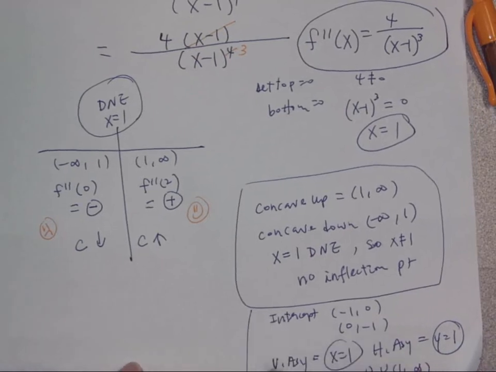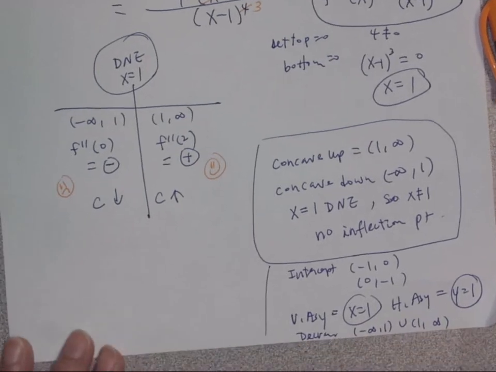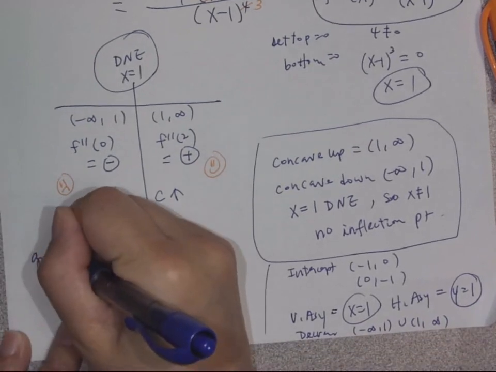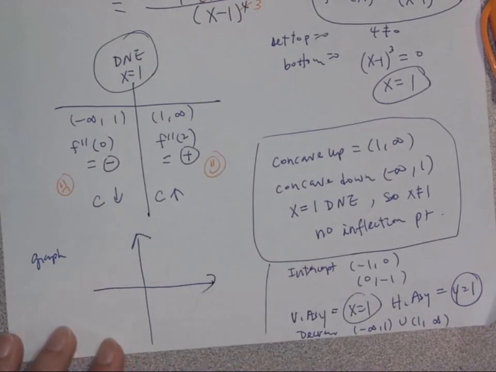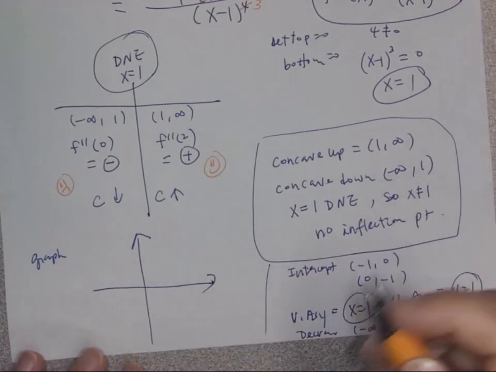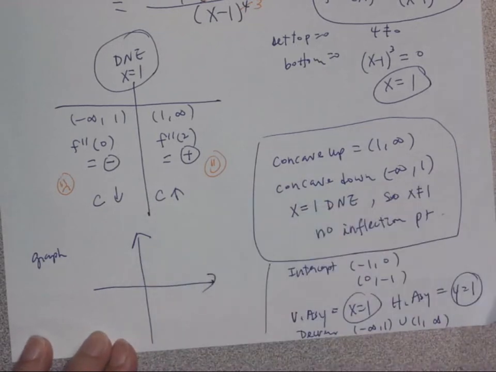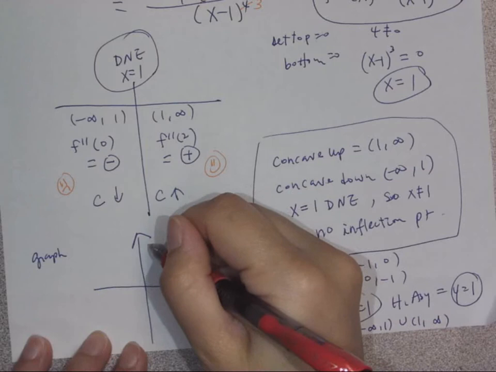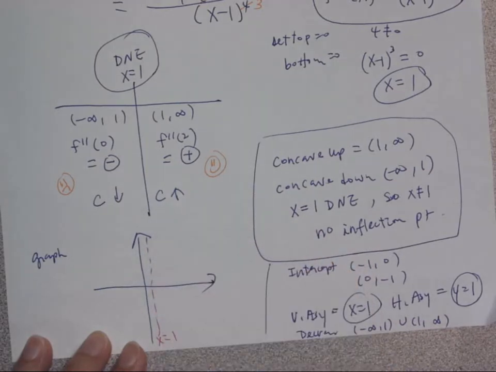So I think, did they ask us to graph this? Oh yeah, they say sketch the graph. Okay, so we're going to need to graph this. So on the graph, I can put my asymptotes. So I have x equal to 1. I have y equal to 1.